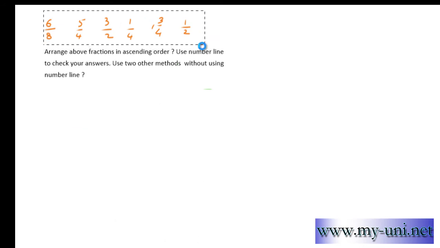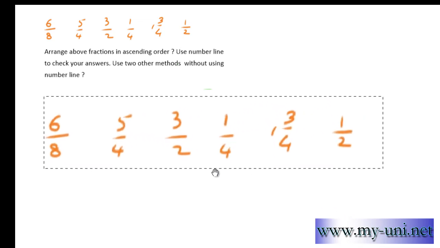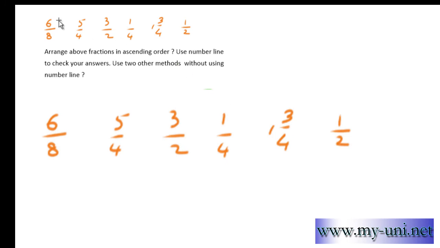So let's try to solve this question. We have these fractions here again, and instead of trying to find the least common denominator, which you should always do, we can still do without it. The most frequently used denominator is 4, so we can change all these denominators to 4 as well.